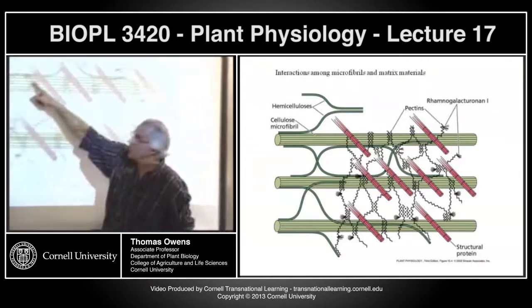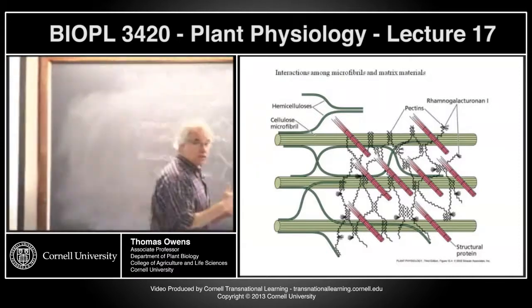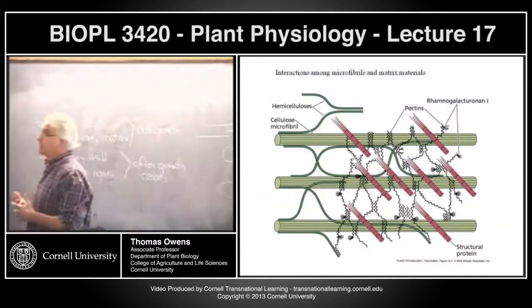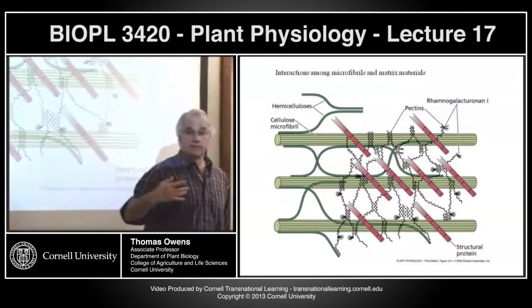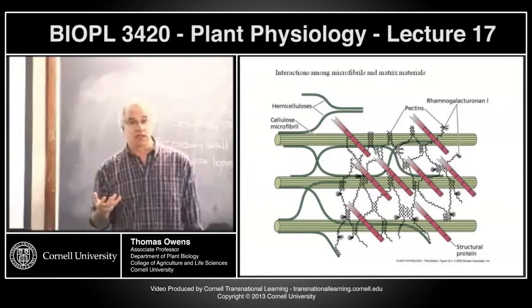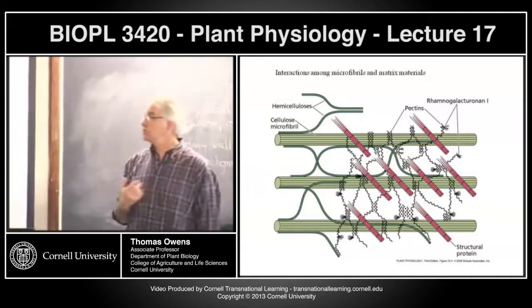These black squiggly lines here are meant to represent pectins, although the middle lamella is almost all pectin. There's pectins in the matrix of primary and secondary walls. And pectins are acidic. They're made of glucuronic and galacturonic acids. Acids under physiological pHs tend to have charges on them.